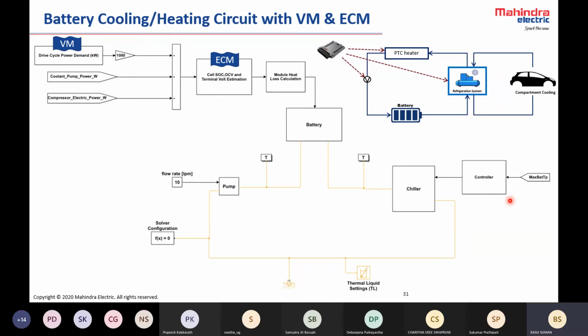So there is a certain amount of optimization required to provide comfort both to the customer and to keep the battery happy, but not losing out on the range. In electric vehicle, range is extremely important. That is the topmost importance.